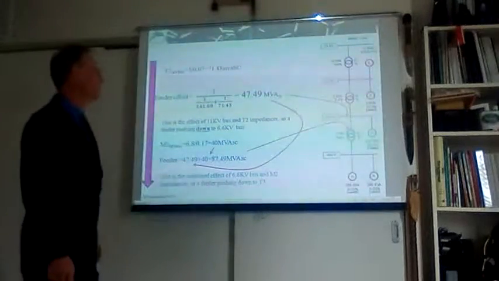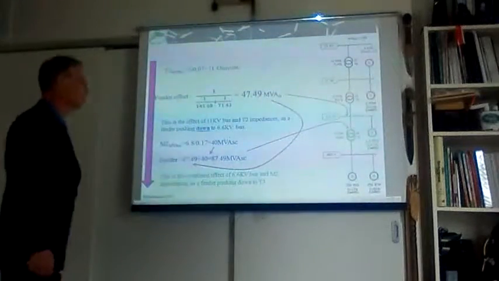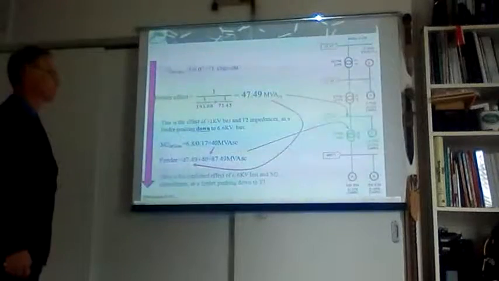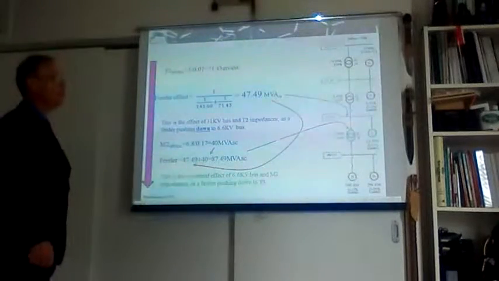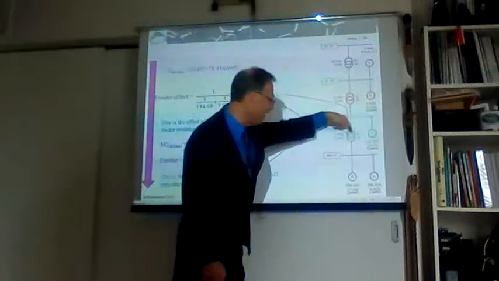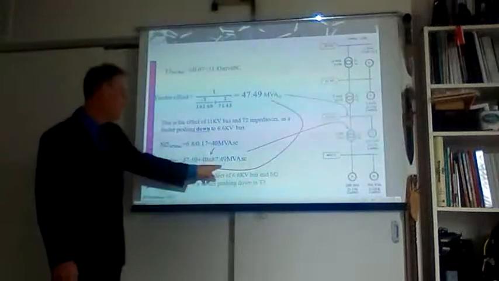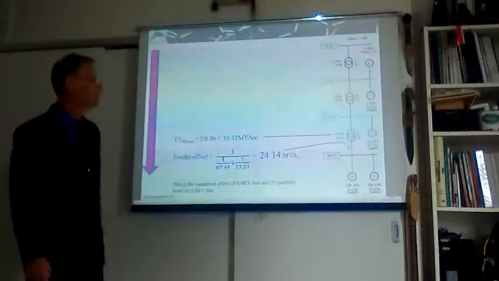The total is 47 MVA, and that is the contribution of that transformer. We continue that way down to see the effect on that transformer. And we calculated the effect of the feeder, 87 MVA.